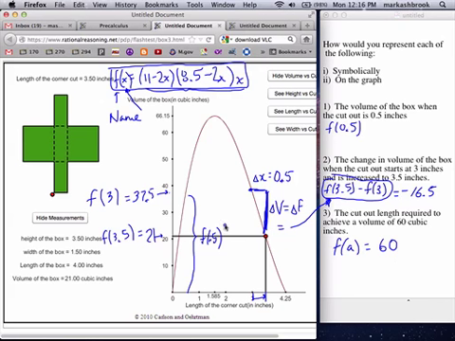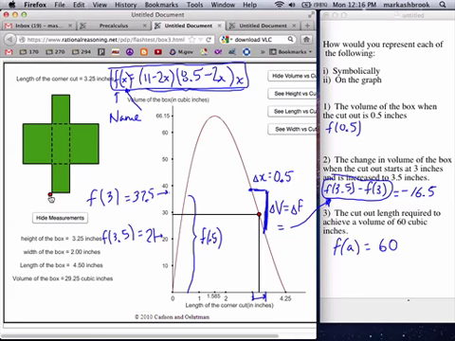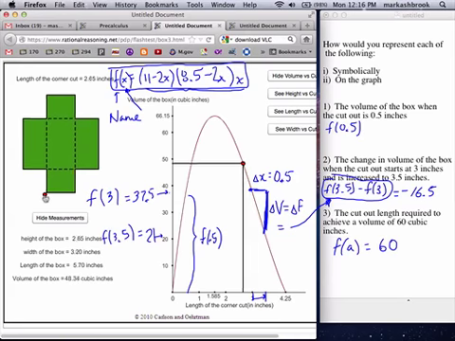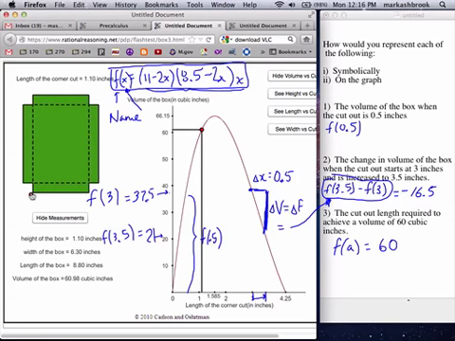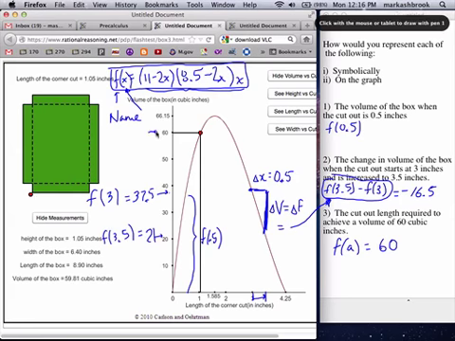How do we represent it on the graph? So we look for the volume, and we get 60, right? This is probably the closest. The closest I can get right there is 59.81. So it's showing up here. Here's your 60.